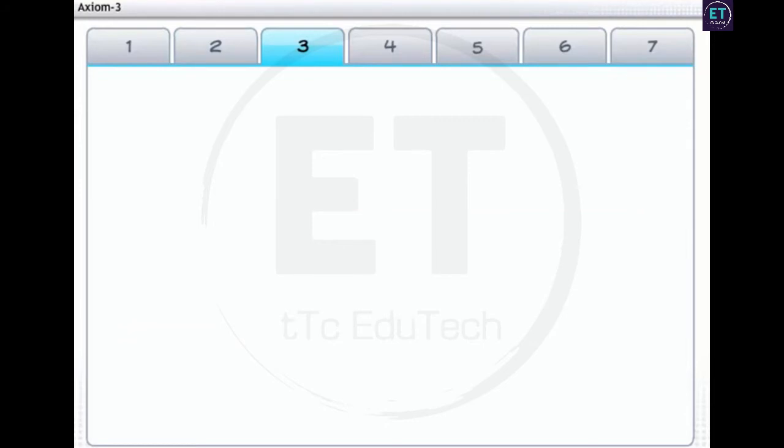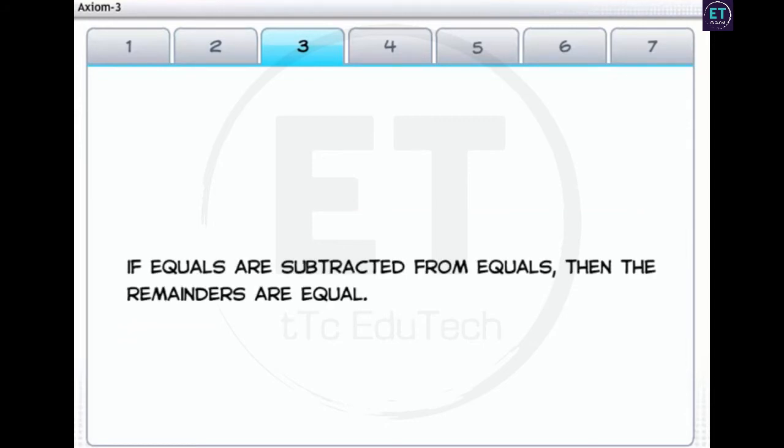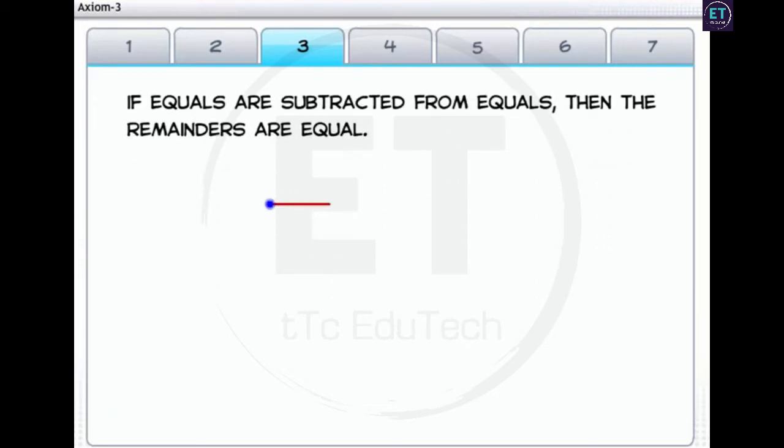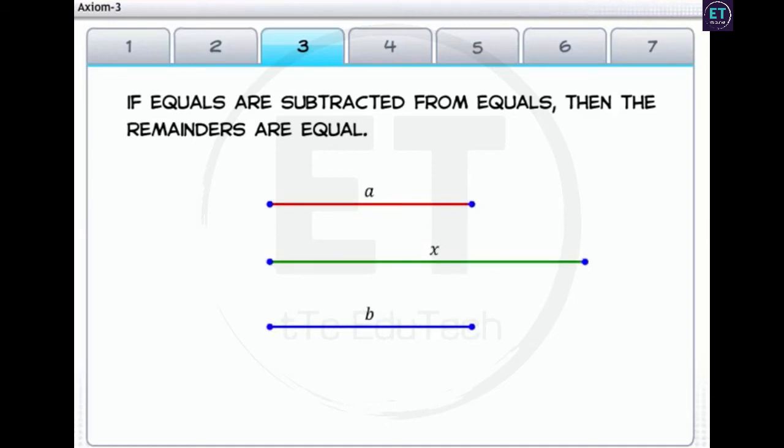The third axiom is about subtraction. If equals are subtracted from equals, then the remainders are equal. Let the line segments A and B be equal in length. Let X be any other line segment.